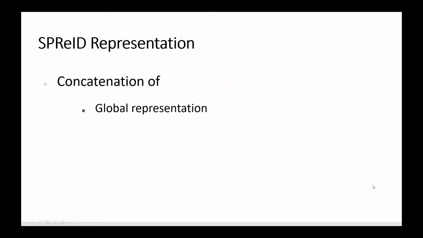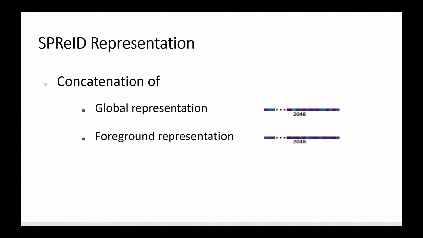So we have 3 feature vectors: the global feature vector, the foreground representation, and the body part representation, and we concatenate them. That's the feature vector we use for a query, going through the references and matching it with every reference to find the best match.